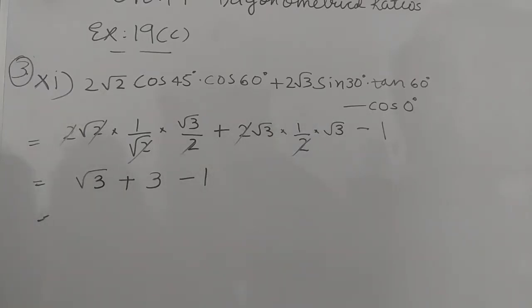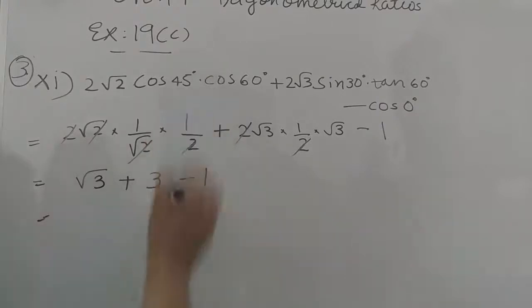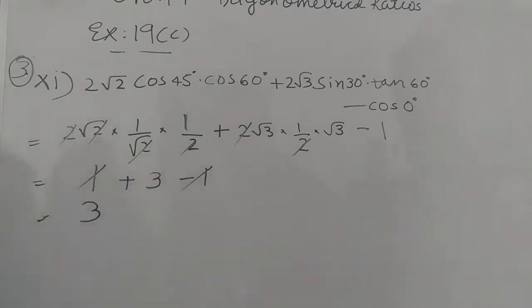Then tan 60 is root 3. Sin 30 is 1 by 2. Cos 60 is 1 by 2. So here it will be 1 by 2. So this will become 1. So plus minus get cancelled and we get the answer 3.